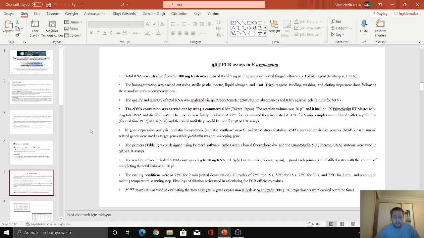In gene expression analysis, beta-tubulin was the housekeeping gene, and niacin-related, catalase-related, and apoptosis-like process-related genes were used as target genes. SYBR Green I-based fluorophore and quantification systems were used, and the Livak and Schmittgen formula was used in evaluating the fold changes in gene expression.